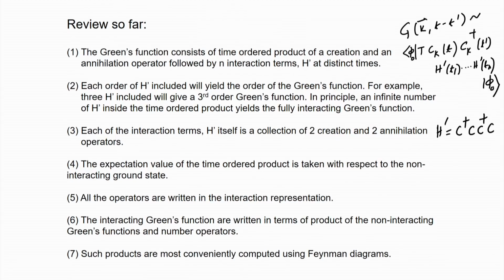What we mean by that is what we are going to come to next. The interaction vertex, or the strength of the interaction, will appear, and the full Green's function will contain information about the nature of the interaction vertex or the strength of the interaction.